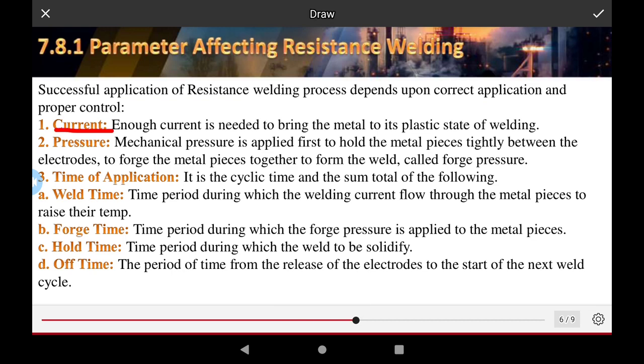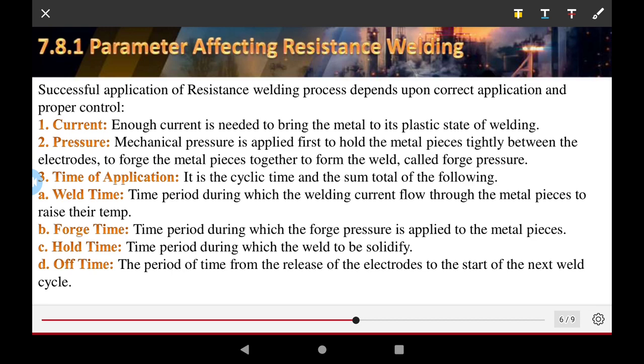The current is needed to bring the metal to a plastic state for welding, and mechanical pressure is applied first to hold the metal pieces rightly between the electrodes to form the weld, called the fork pressure.